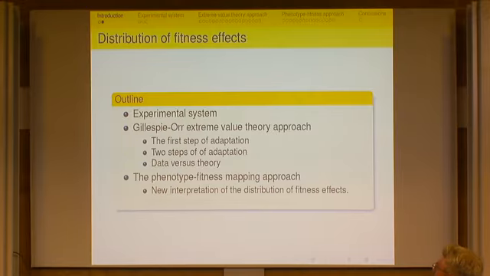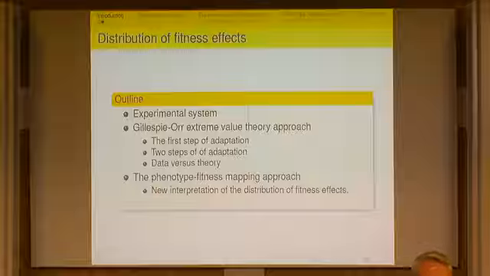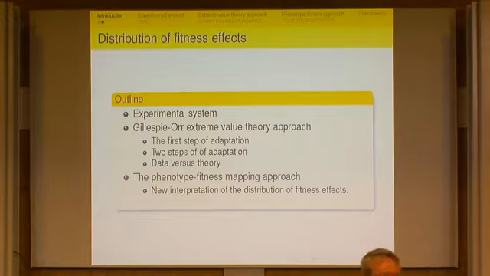And so what I'm going to do is reinterpret most of the results that I got from the extreme value theory using the phenotype fitness mapping. The parameters will now actually have a meaning, which I'll tell you, and which type of extreme value distribution you would expect to fit the data is now going to depend on how many phenotypes are affecting the trait.